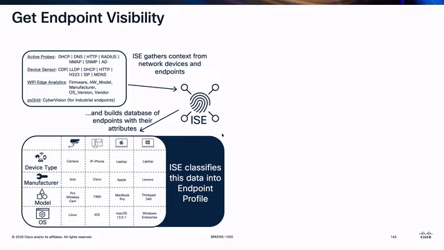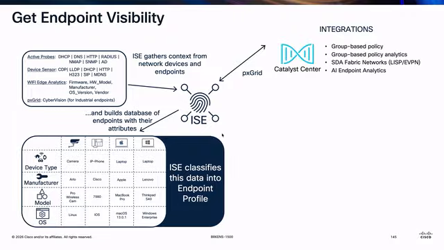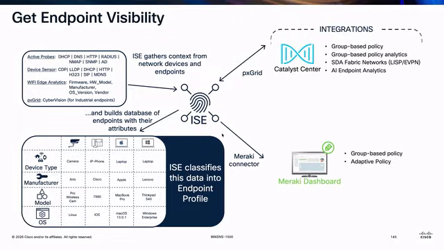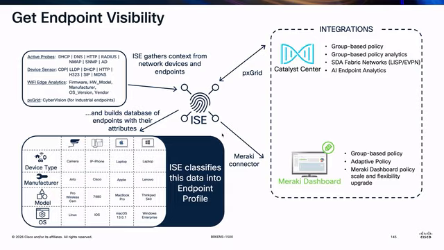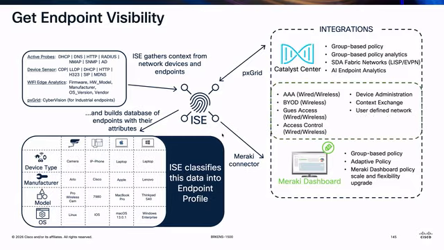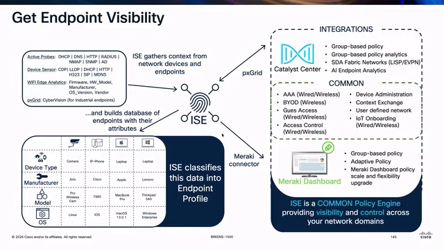So we've got something like an endpoint profile, and then further integration with management platforms like Catalyst Center or the Meraki dashboard allows you to collect information from the connected devices, but also leverage that to authenticate users connecting into this device's network.